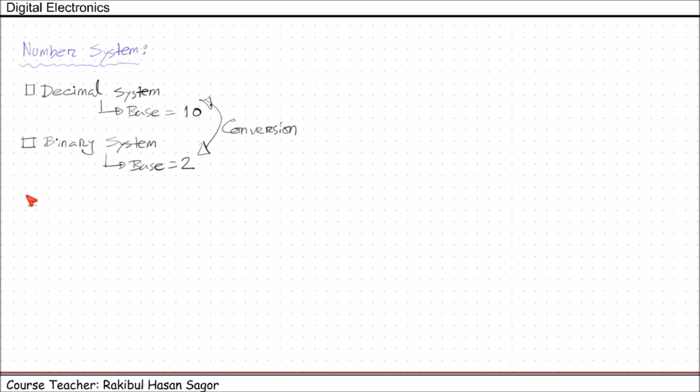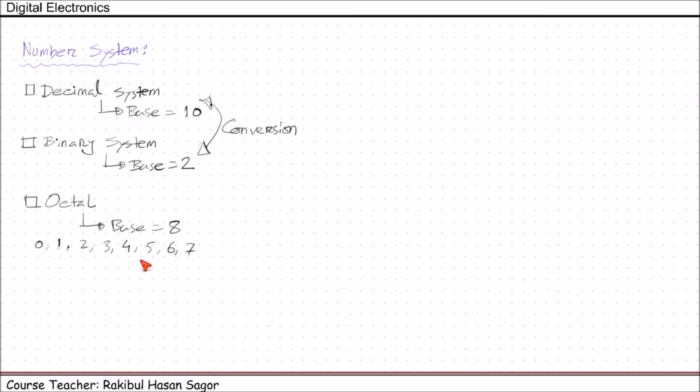There are other number systems which are used widely for designing computer systems. One is the Octal System, that has base equal to 8. That means the symbols start from 0, then go to 1, 2, 3, 4, 5, 6, 7.